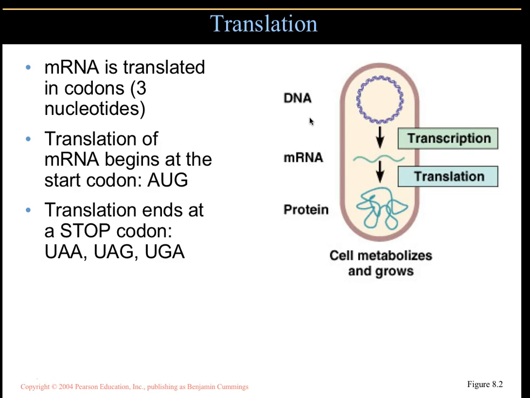Don't memorize the stop codons, but just realize that you have a beginning, then you proceed to the end. And at the very end, you have yourself a protein. So the transcription is the copying of the DNA blueprint, and then the translation is reading that blueprint to make a protein. And that's it.